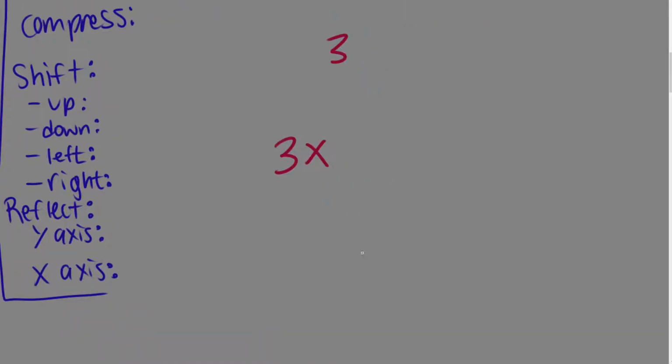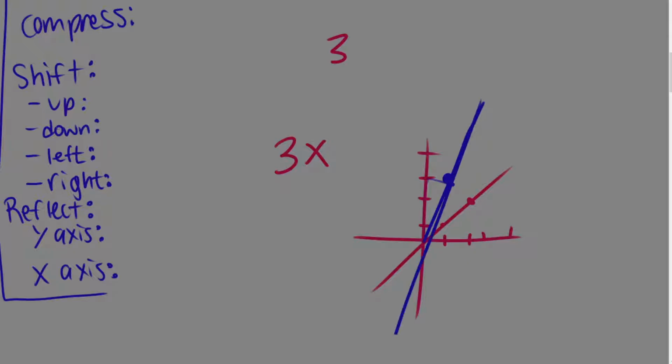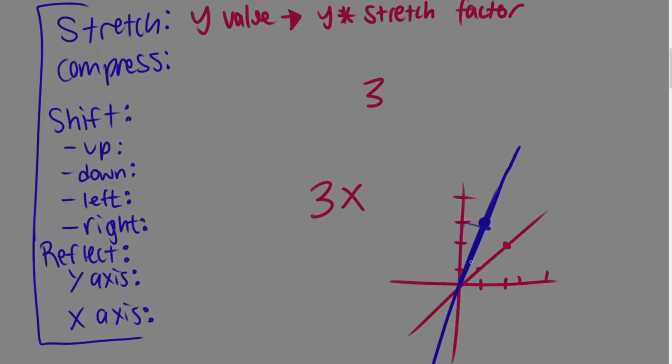A normal x graph will look like 1, 2, 3, 4, where it's going up 1 over 1, up 1 over 1, and so on. But when we're stretching it by 3, we actually go up 3 over 1 instead. We're multiplying all of our y values in our coordinates by 3.